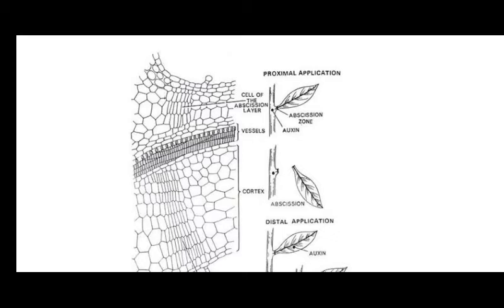It is triggered by auxin concentrating too much in the younger part and less in the matured part of the plant. These two different growth patterns trigger the formation of the zone of abscission.